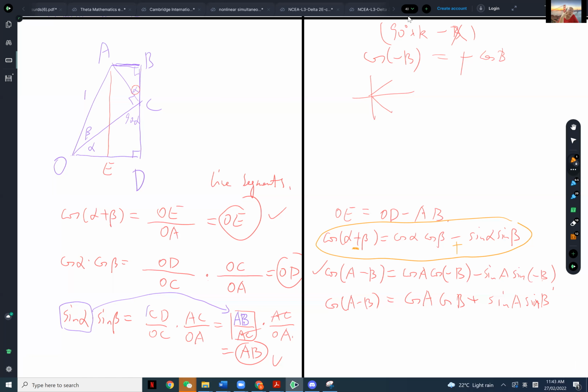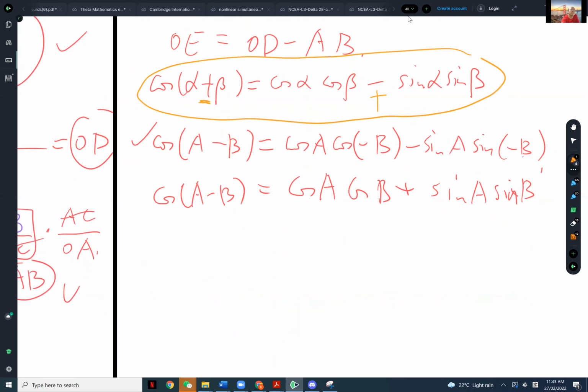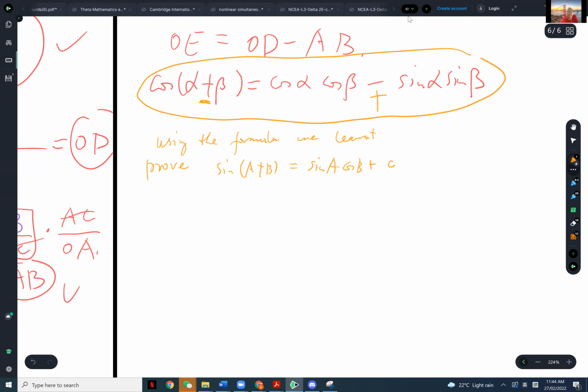How do we prove the sine formula? Now, for example, they ask you, can you prove sine using the formula we learned? We just learned the cos.